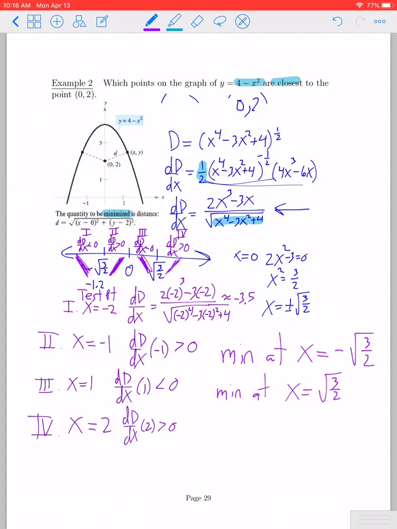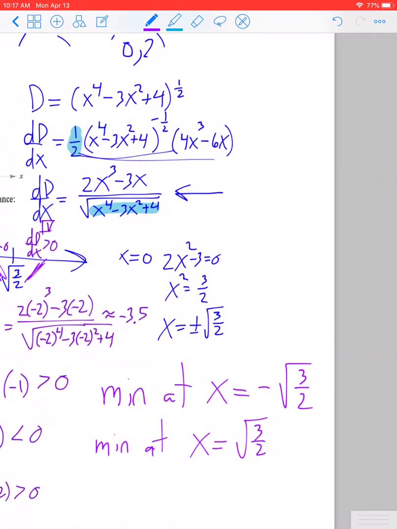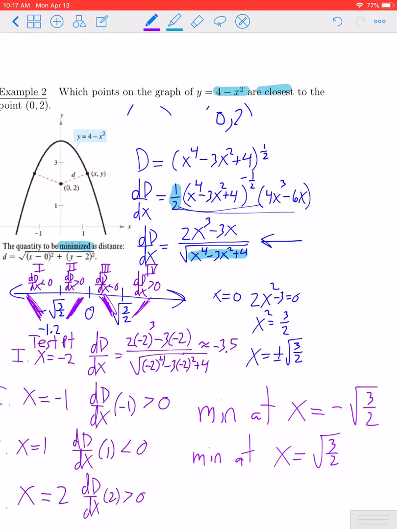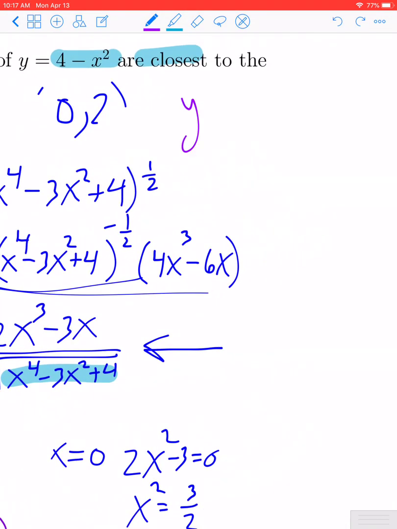We should now go ahead and plug in these values into the function to see what points we get. At negative square root of 3 over 2, if I plug this into the function y, so when x is negative square root of 3 over 2, it will be squared.